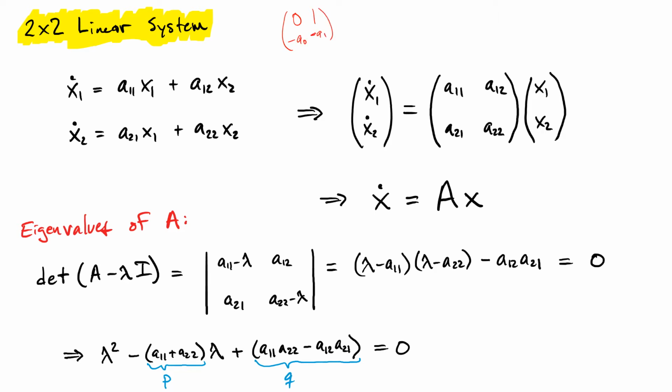When we look at a generic 2 by 2 linear system, we can put arbitrary elements on all of these entries, so now we have an A matrix that's very general. You can imagine this would need to be written by 2 coupled single order differential equations, not a single second order differential equation.